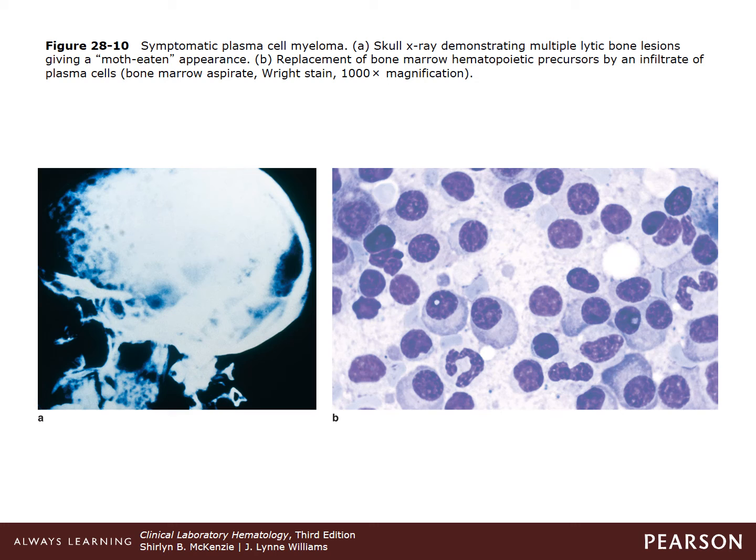So symptomatic patients are characterized by an M protein spike in the urine or serum, and clonal plasma cells in the bone marrow, whose symptoms are hypercalcemia, renal insufficiency, anemia, as well as bone lytic lesions, or CRAB. Patients often present with bone pain and multiple fractures because of this tumor infiltration.